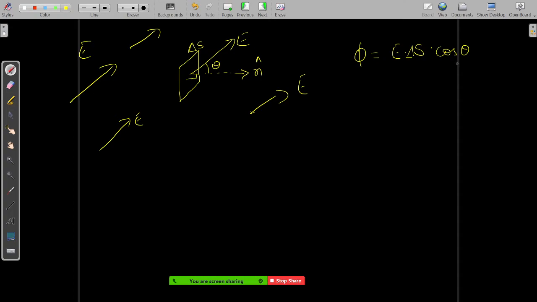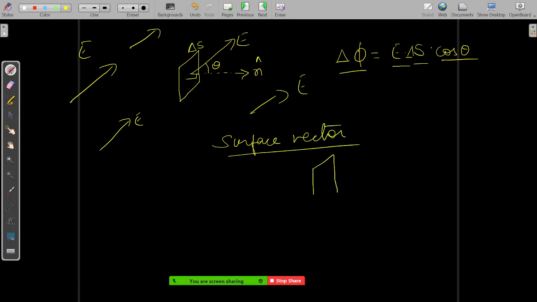We will denote this also as a small flux, equal to E into this small area into cos theta. Now what we'll define is the surface vector. We basically take the outward normal.